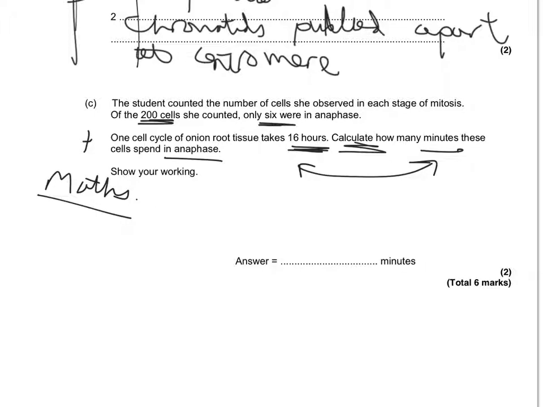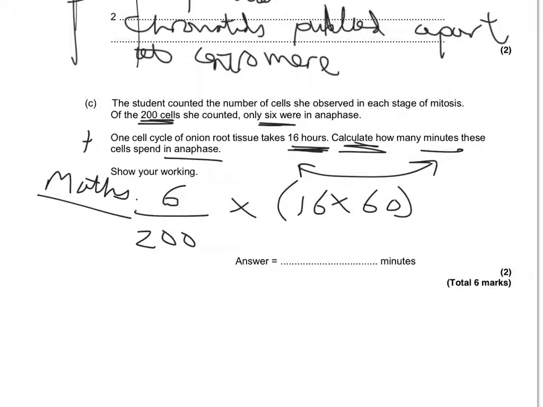First of all, you've got to work out the proportion of cells that are in anaphase at that particular time. So that would be 6 divided by 200, and then you've got to convert 16 hours into minutes. So 16 times 60 gives me 960.